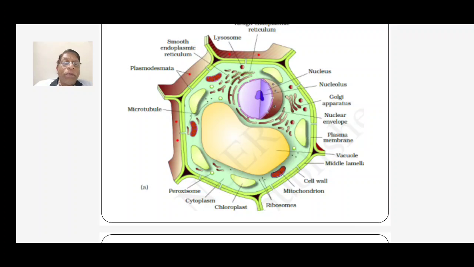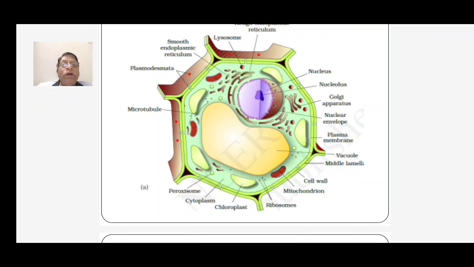Then within the cytoplasm, see carefully the presence of ribosomes, very small, tiny structures. Then in the plant cell, we come across what are known as peroxisomes. See carefully the peroxisome.